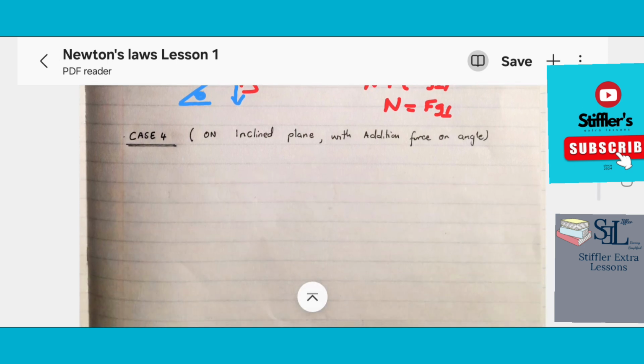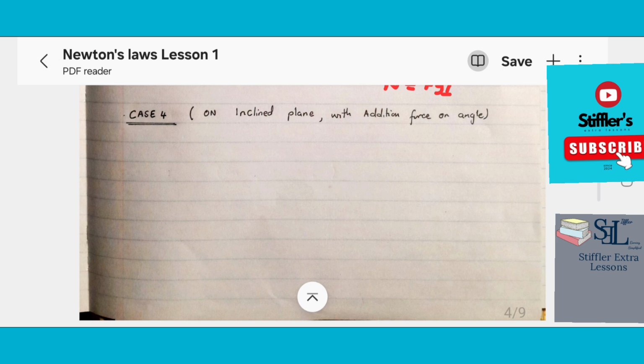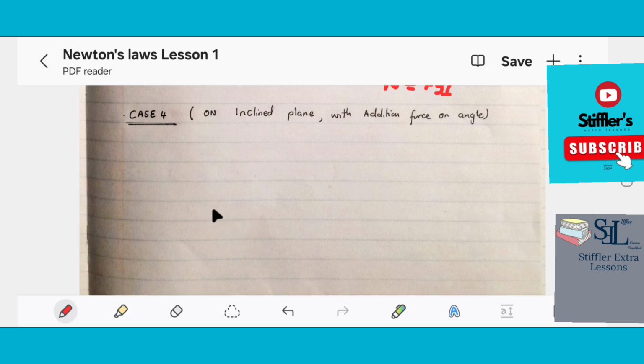And the last situation is when we are on the inclined plane and also the force is acting at an angle. So we have this object of ours, we have Fg that is perpendicular downwards, and we have Fg at y. And we have the normal force perpendicular to the plane.